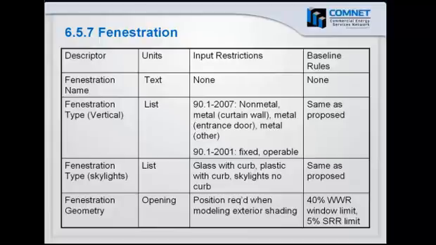And for here, the baseline in many cases will just match the proposed design, but there's a limit on both the window wall ratio, that's the WWR, or the skylight to roof ratio. So when either of those exceeds this limit, the 40% limit for windows or 5% limit for skylights, those areas for the baseline are adjusted down in proportion so that the resulting window wall ratio for the baseline does not exceed 40%.